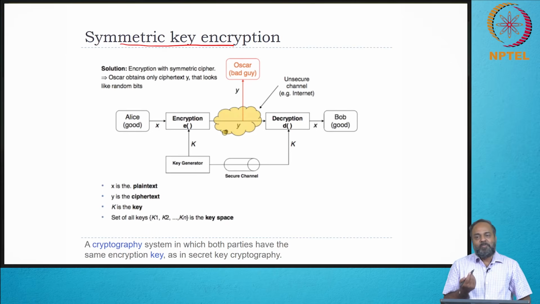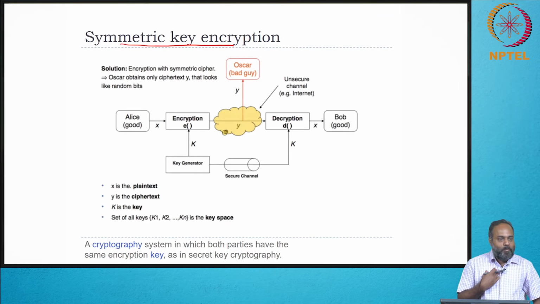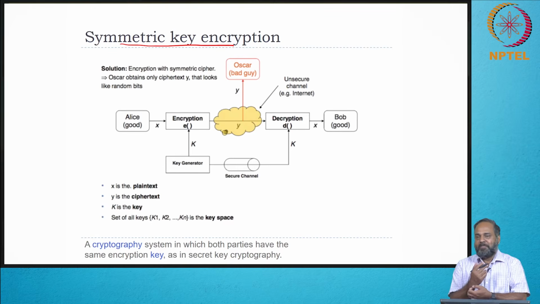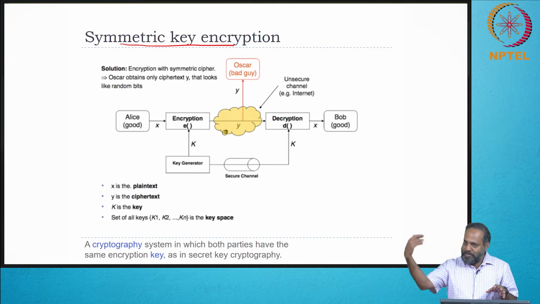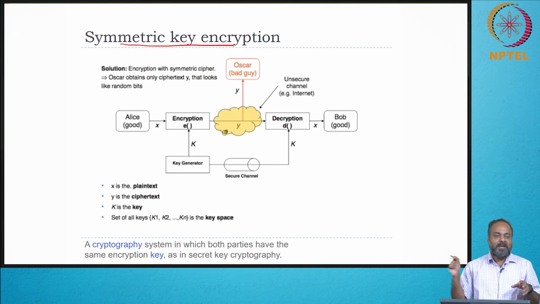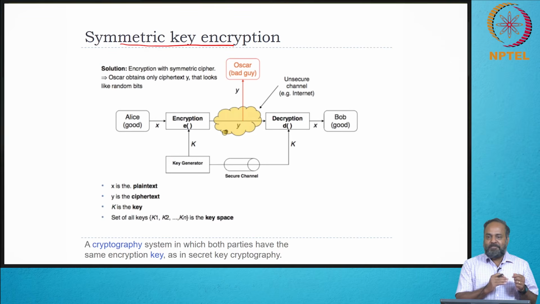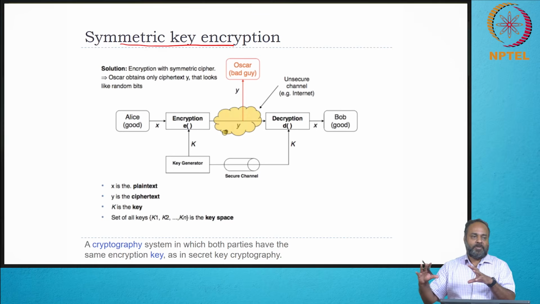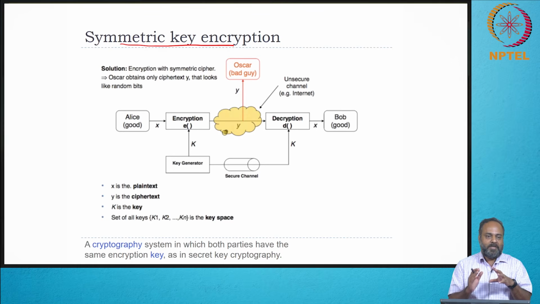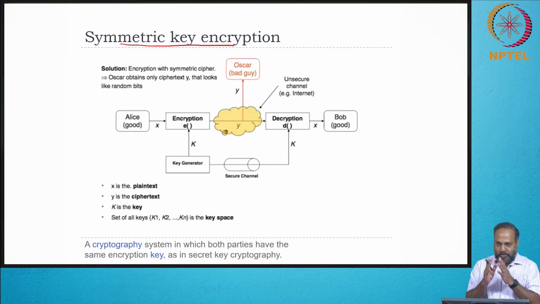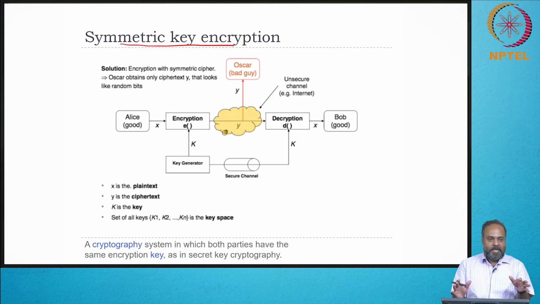But how do you manage that key? If Bob wants to send his message to Alice, he encrypts it, but how will you inform Alice, who is in some other place, that this is the key I have used? The key has to be passed to the recipient, but if you assume that the network is unsecure, anybody can access the network, access cannot be completely controlled, that is the assumption in encryption.